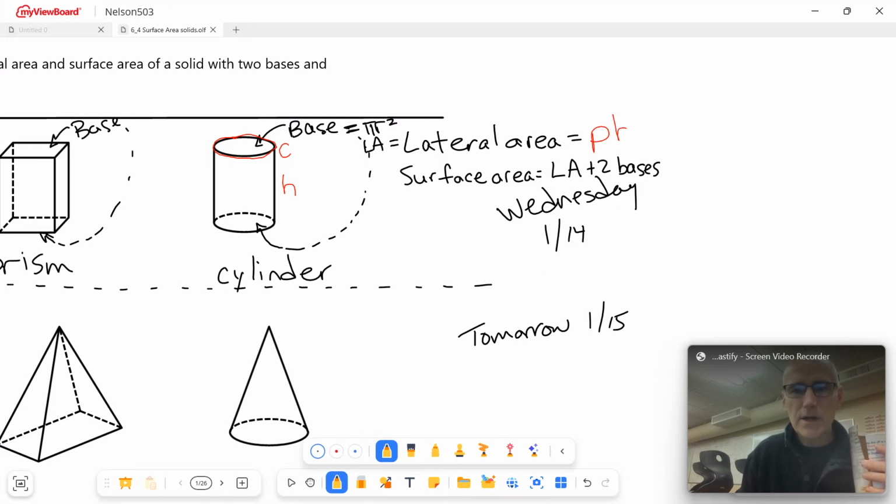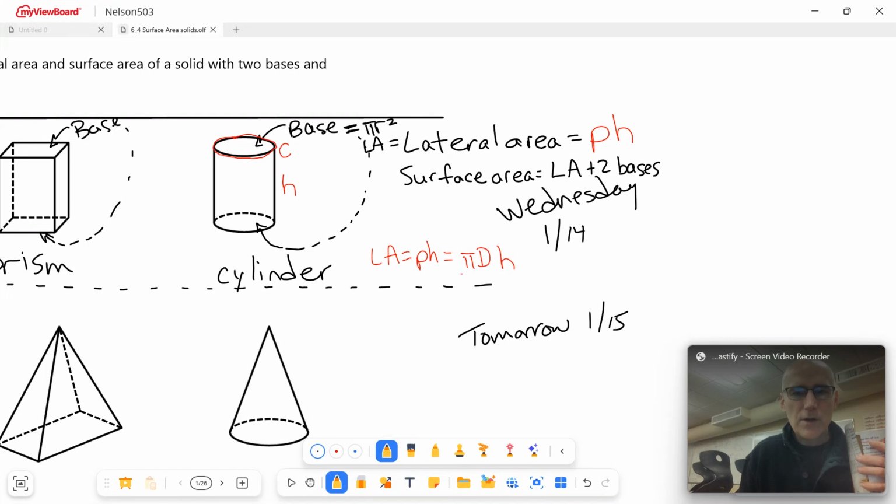Perimeter times the height. Now, will the perimeter formula change depending on what the shape of our base is? Yes. If it's a cylinder, like this one right here, the lateral area is still perimeter times height, but it's the circumference. So circumference is pi times diameter times the height.